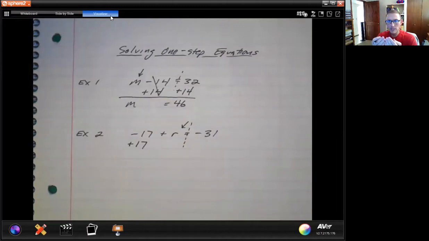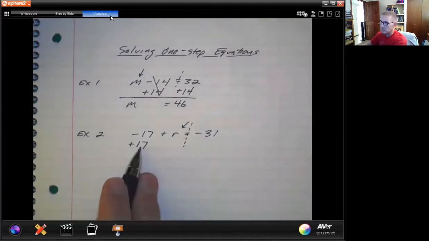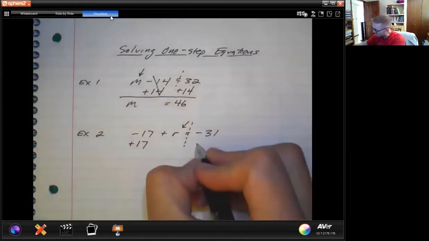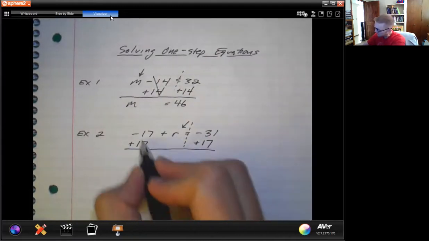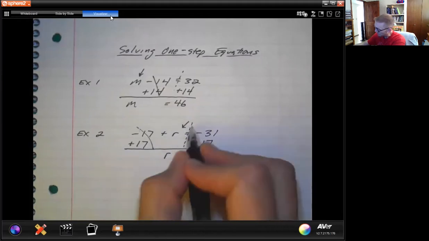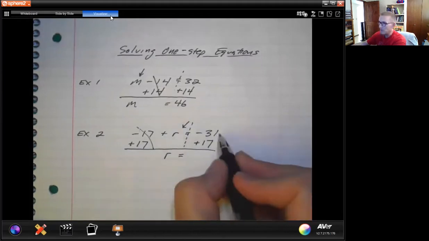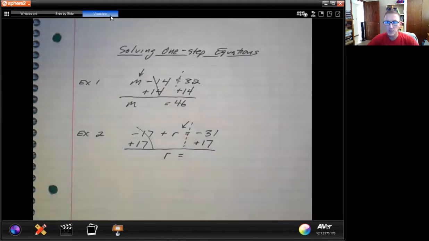Now remember, maintain balance. Whatever I do to one side of the equals, I have to do to the other. So if I added 17 here, I have to add 17 here. The 17s cancel out. I bring down the r, I bring down the equals. And then this right here, you have to be careful. This is integers. This goes back to the first week of school.